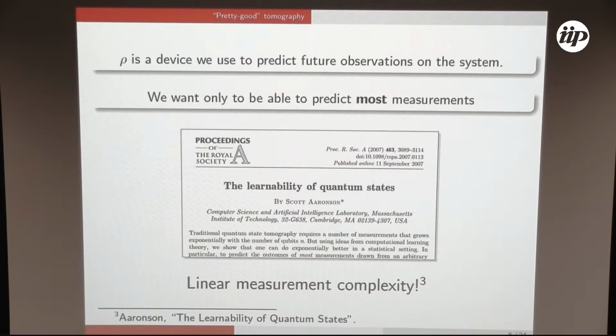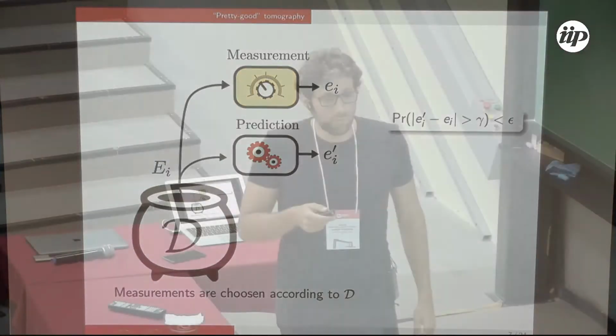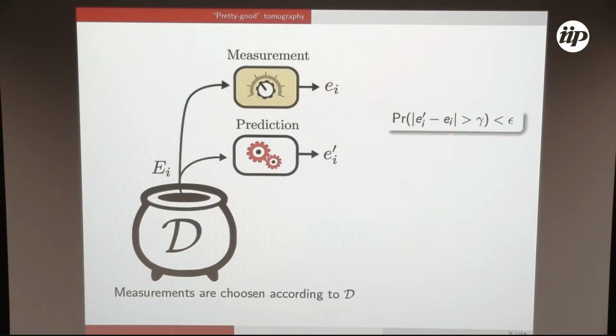To define it more precisely, we can think of our measurements as chosen randomly from a given distribution D. What we want to do is to be able to predict the outcome of these measurements with high probability given this distribution D. What we want is that the probability of failure of a prediction with a given accuracy gamma is less than a hopefully small value epsilon.